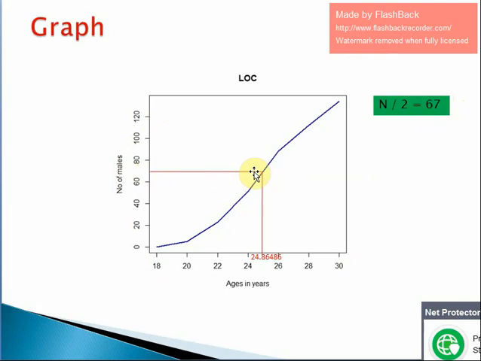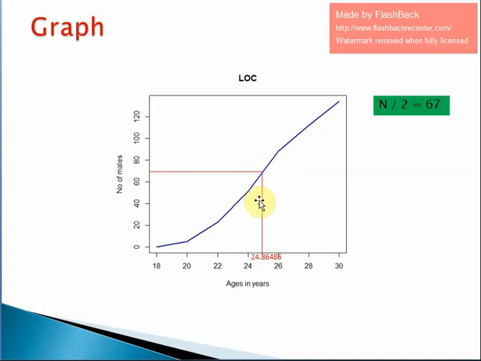Draw a straight line which meets the less than cumulative frequency curve. This is LCF, which is nothing but the less than ogive curve. This is the point n by 2. Extend this point up to the LOC and take the point.